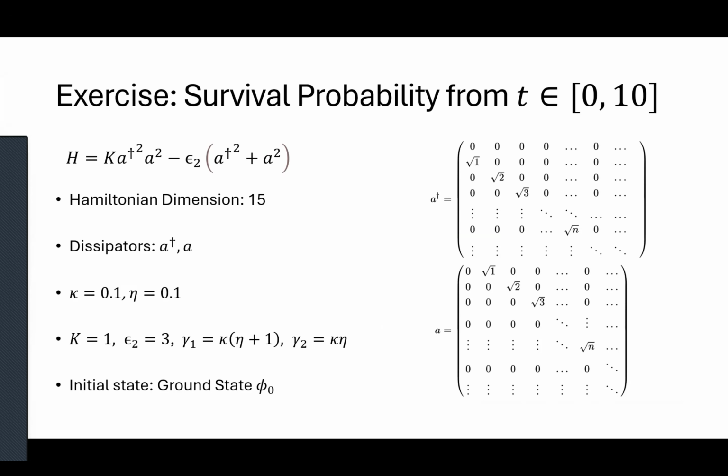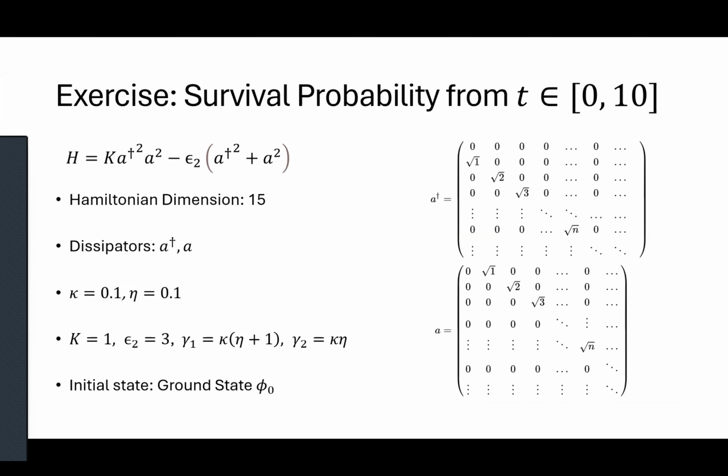Usually the environment sucks a particle out of the system or puts a particle in, and here probably it's sucking more than putting in. That's maybe why there is a difference between gamma 1 and gamma 2.